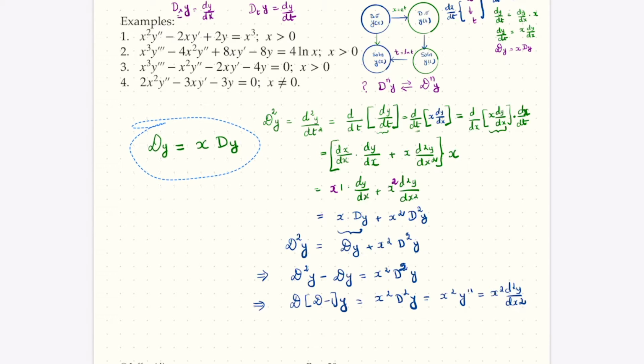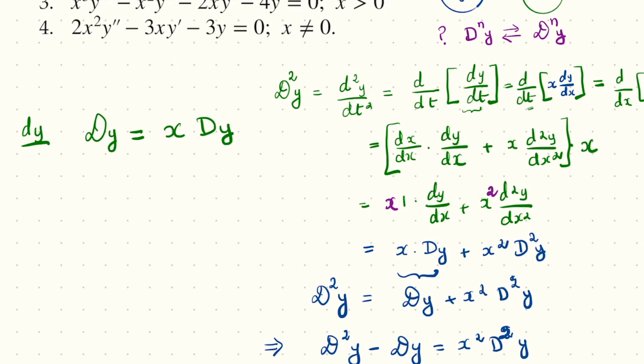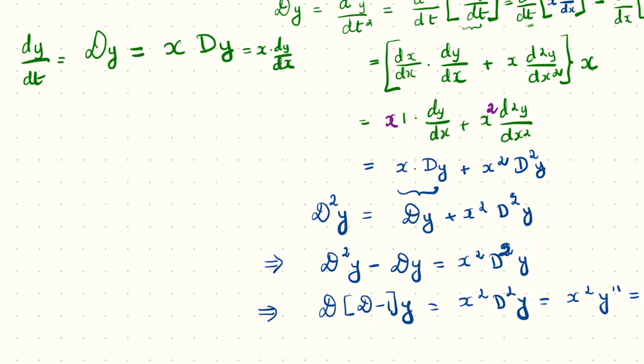This means dy over dt is equal to x times dy over dx, right? And the next one, which is x squared d squared y over dx squared, is going to be script d of script d minus 1 of y.